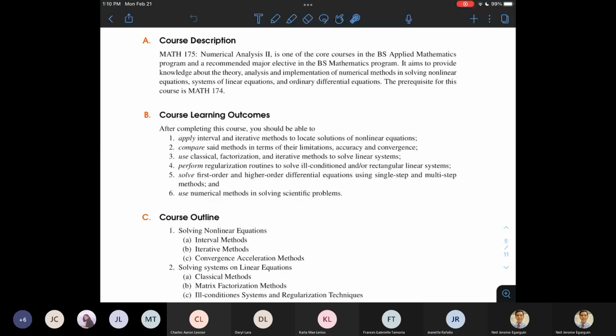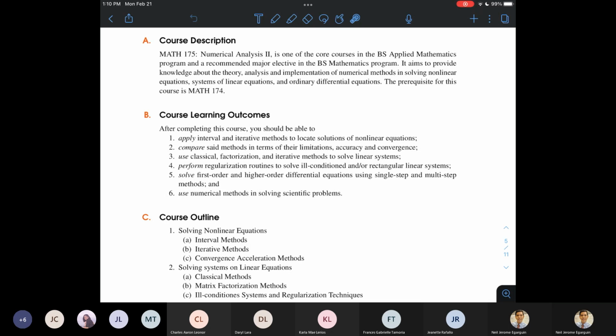And probably in Math 151, if you still recall, medyo restricted tayo to certain types of ODEs. May certain formats lang ng mga ODEs na kaya nating isolve by hand. For instance, separable differential equations, exact differential equations, and so on. Pero for general ODEs, medyo mahirap silang isolve.